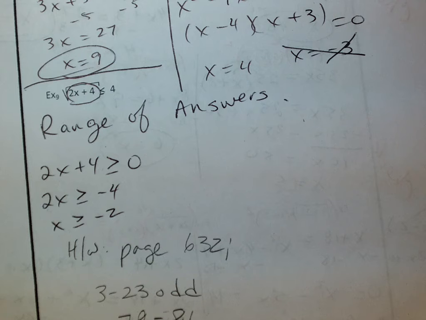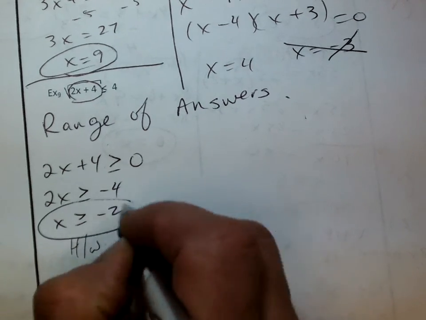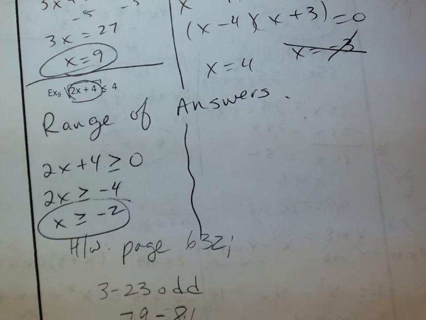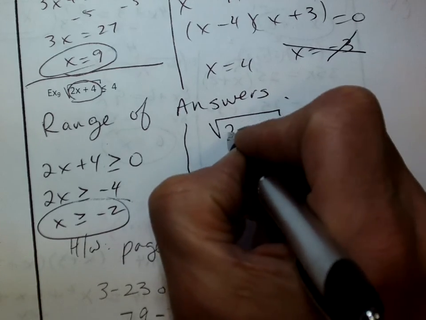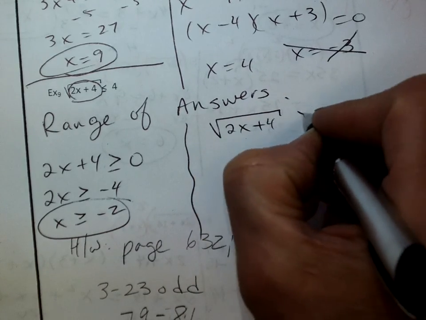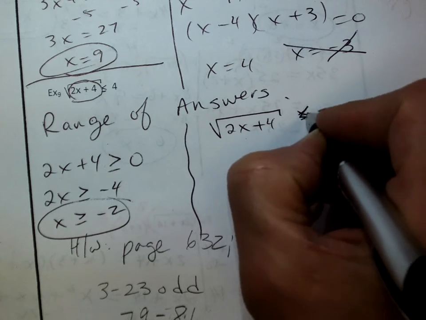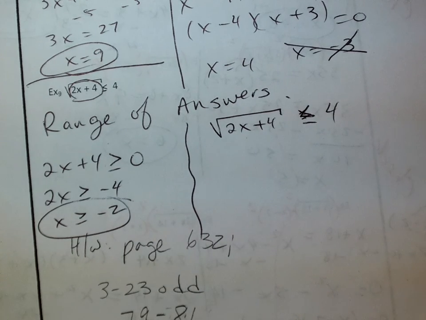Now there's a high end where it has to be less than or equal to 4. So there's two parts to this range. We got the first part, I'm going to circle that, and the second part of our range is the high end, where we just solve it. Take the square root of 2x plus 4 less than or equal to 4, and solve it like we solve all of them.